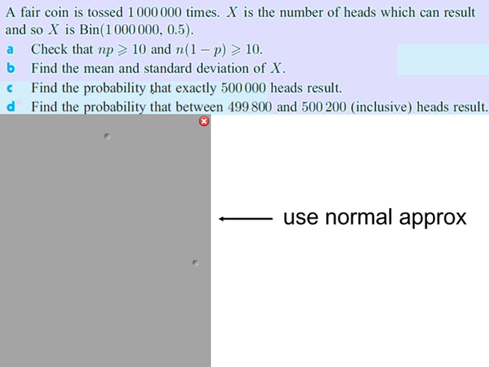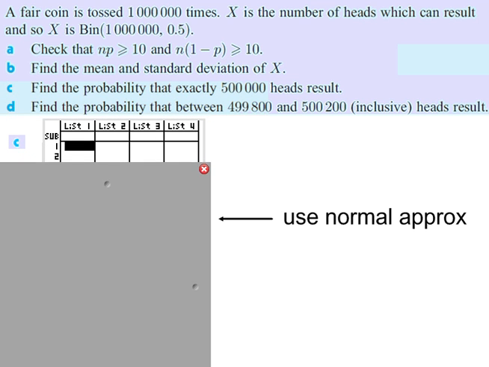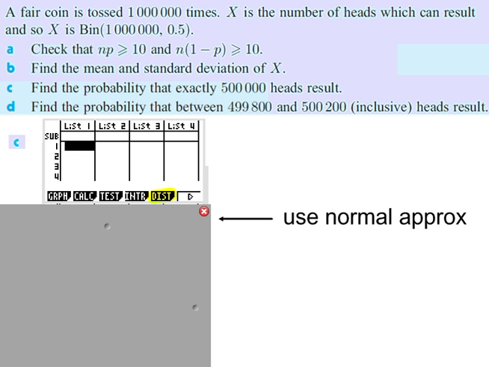Now to do part C, working out the probability that exactly 500,000 heads result, we can now use a normal approximation because we satisfied these constraints here. So if we use the calculator, we go to stats mode, and you choose distribution.